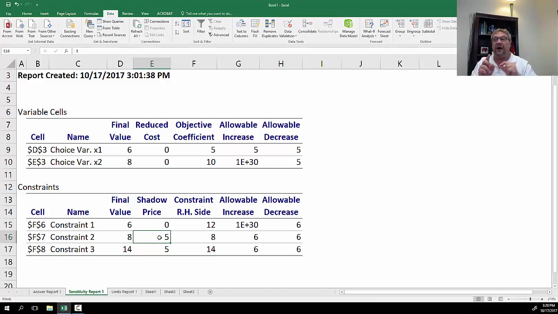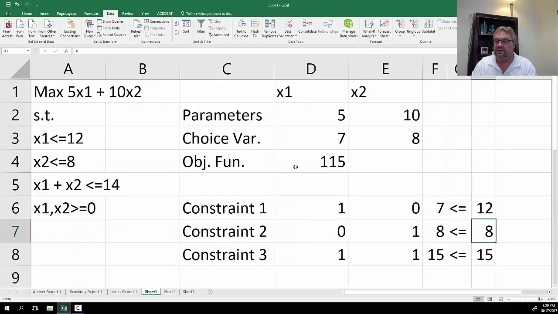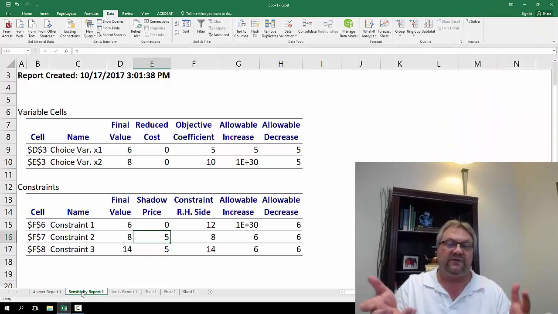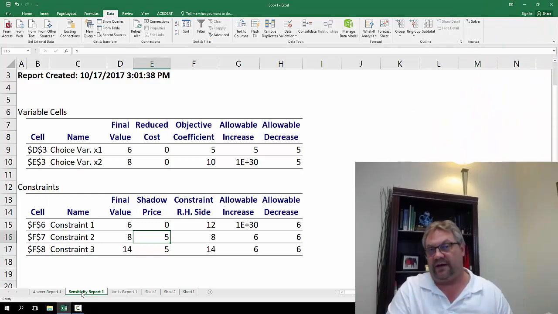But I have to pay for that additional unit of constraint 2. Well, the maximum you'd be willing to pay is $5. Because I spend $5 to get the additional unit, and then I produce an extra unit of good 1. So my profit went up to 115, but if I spent $5 to get that extra unit, then essentially my profit is still at 110, right?